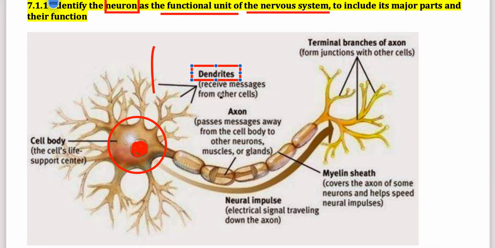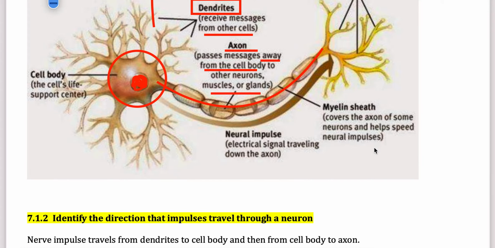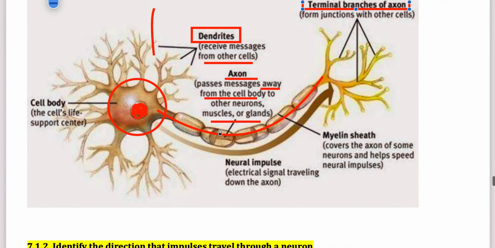The function of the dendrites is to receive messages from other cells, and there is a long thread leaving the cell body that is known as the axon, which carries the messages away from the cell body to other neurons, sometimes even muscles and glands, because they have terminal branches which connect with the muscles or the glands.